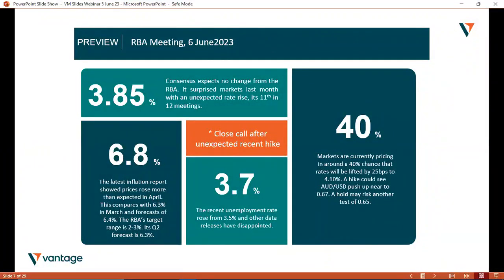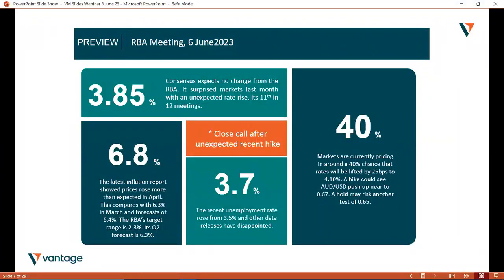Otherwise, other recent data releases have disappointed. I've got in here 3.7% for the unemployment rate, so that ticked up from 3.5%. And we also had a surprise contraction in the employment change, and retail sales data being relatively sluggish.